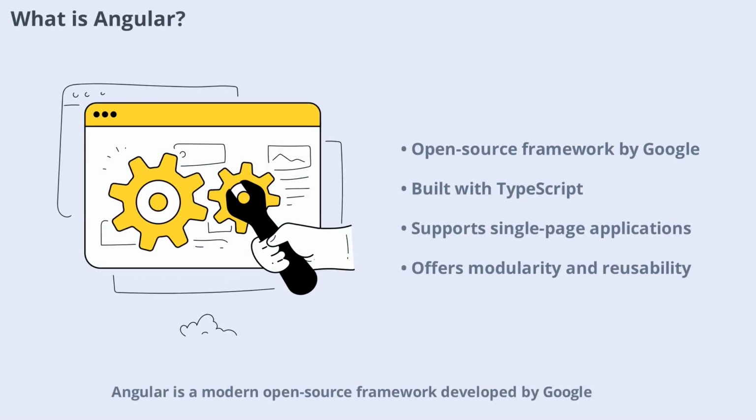Angular is a modern open source framework developed by Google. It's built with TypeScript and designed to help developers create dynamic, single-page web applications. Angular offers modularity through NgModules, reusable UI components, two-way data binding, dependency injection for clean architecture, and powerful routing for seamless navigation.